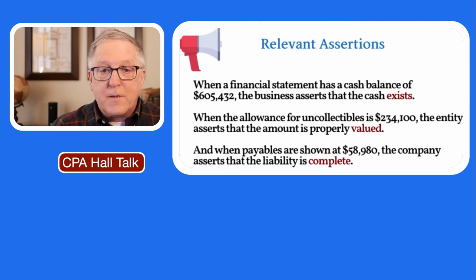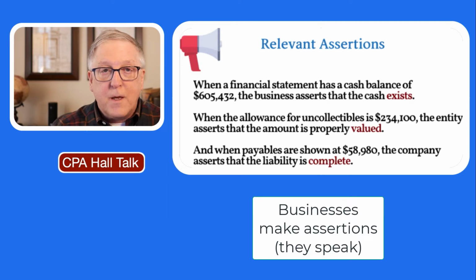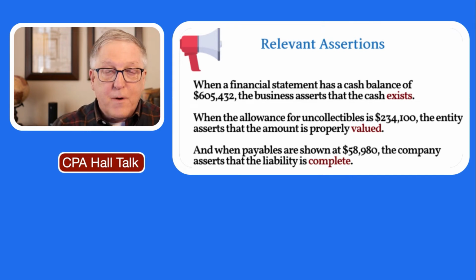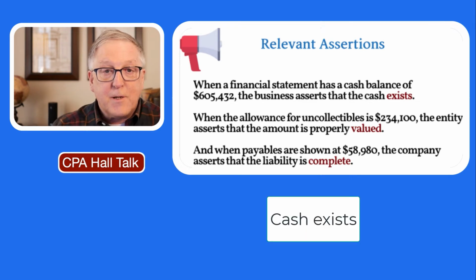Anytime you look at a set of financial statements, those statements should be speaking certain things to you and to any other user of the financials. Such as when a financial statement has a cash balance of $605,432, the business asserts that the cash exists.